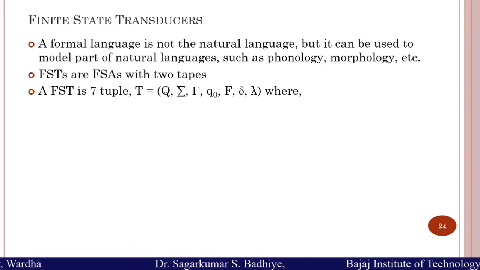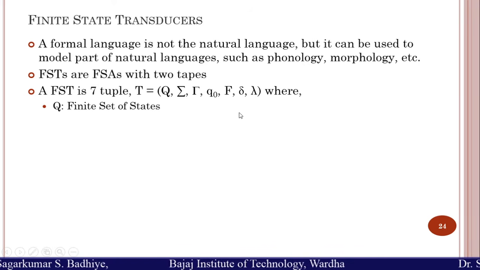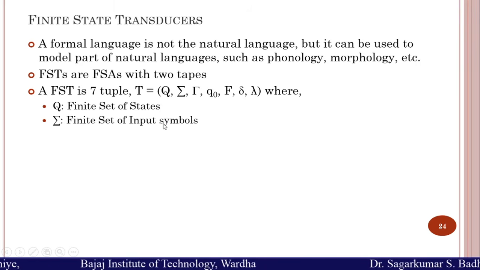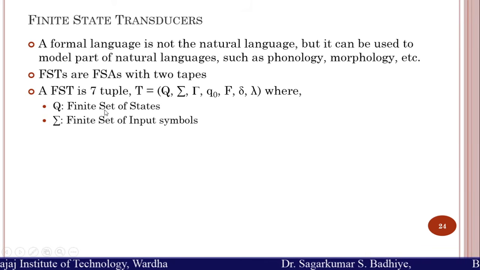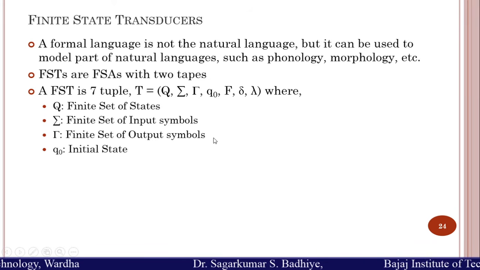So FST is a 7-tuple represented as T equals Q, sigma, gamma, Q0, F, delta, lambda, where Q is the finite set of states, sigma is the finite set of input symbols. You can say finite non-empty set of states for Q also. Gamma is the finite set of output symbols.